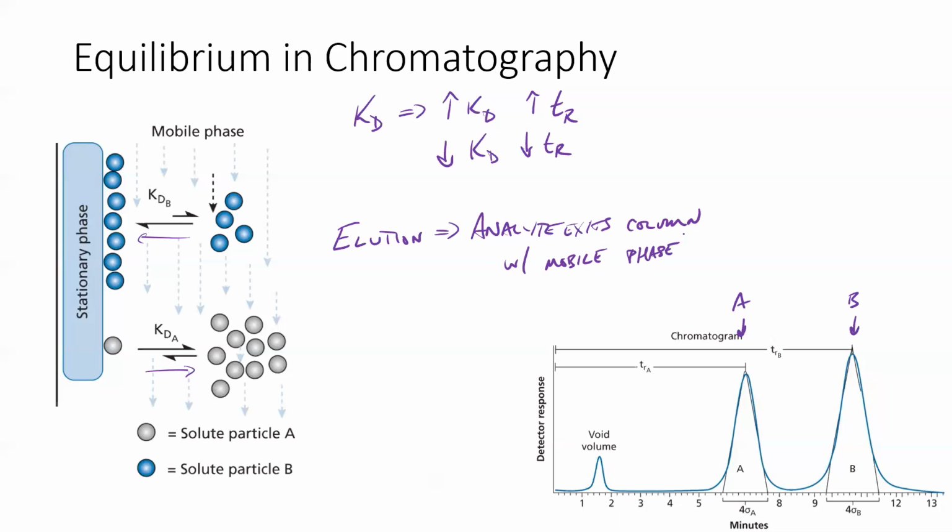And so A will elute first, B will elute second. Those are some chromatography specific terms.